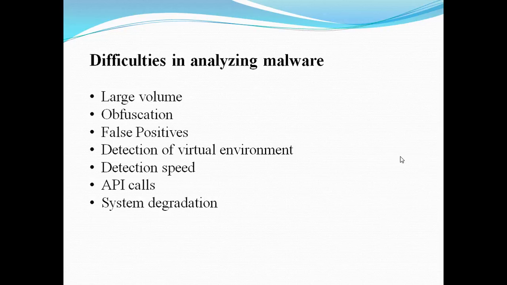Obfuscation: malware writers often use obfuscation techniques to avoid detection by anti-malwares. Obfuscation is nothing but scrambling of code so that their signatures cannot match with the previously fit signatures in the malware signature set, and they can easily avoid detection.